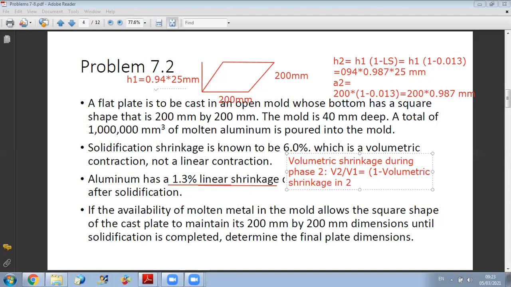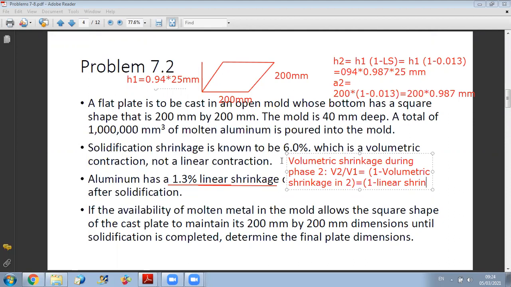Now, V2 over V1 is equal to what? V2 is reduced because of the linear reduction for the three sides. So when I do the ratio, I will get that V2 over V1 is 1 minus the linear shrinkage to the power 3, because I have reduction in height by the linear shrinkage and reduction in base dimension by linear shrinkage as well.